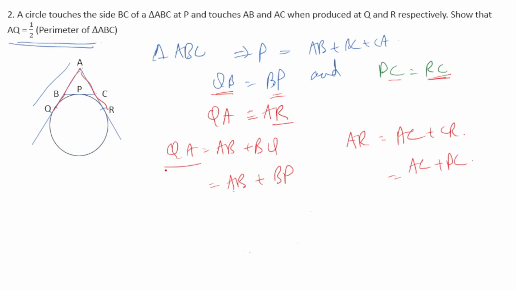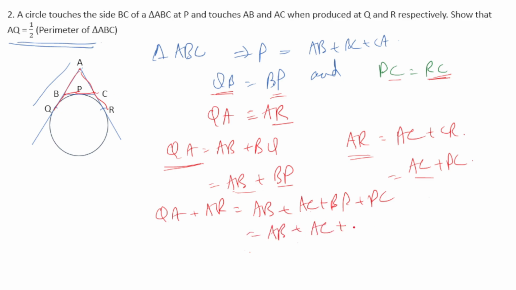And we will add QA and AR. We'll get QA plus AR is equal to AB plus AC plus BP plus PC. What is BP plus PC? It is BC. We will write here AB plus AC plus BC.